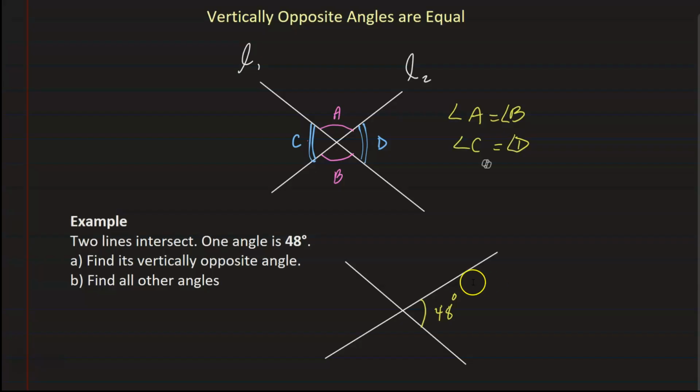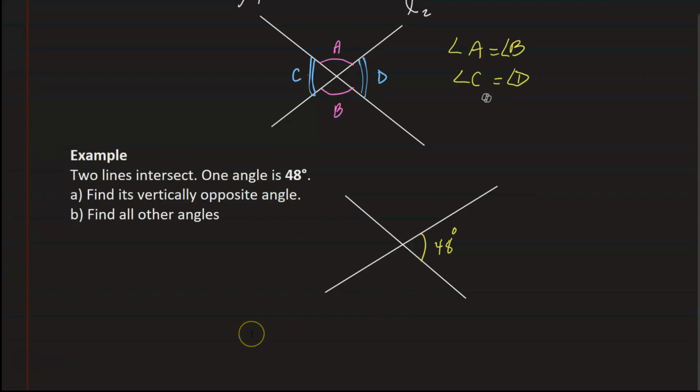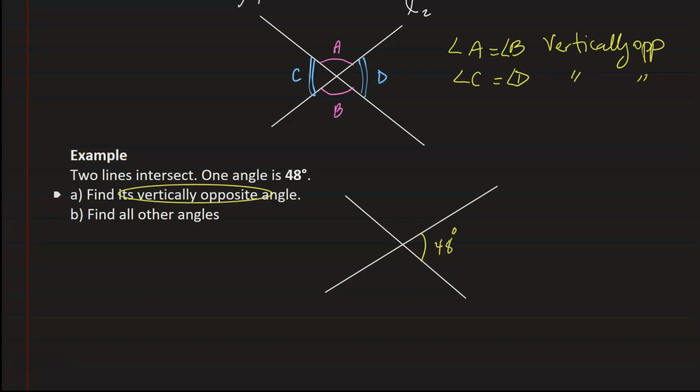All right, now let's do an example here. Two lines intersect, one angle is 48 degrees. Let's find every other angle there is. First of all, the angles that are opposite, so angle A and B, are called vertically opposite angles. Same thing for angle C and D. They are vertically opposite, and that's what we call them. So this angle right here has to be 48 degrees.